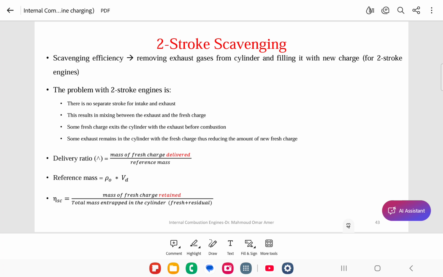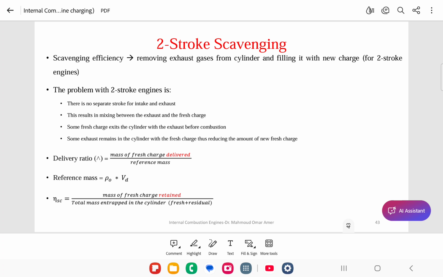Does it have to be all retained inside the cylinder? No. Part of it might escape through the exhaust port. So if we are talking about the overall fresh charge mass that was delivered to the cylinder, we will be talking about the delivery ratio.